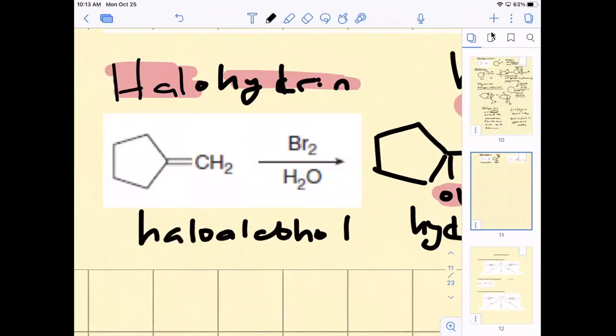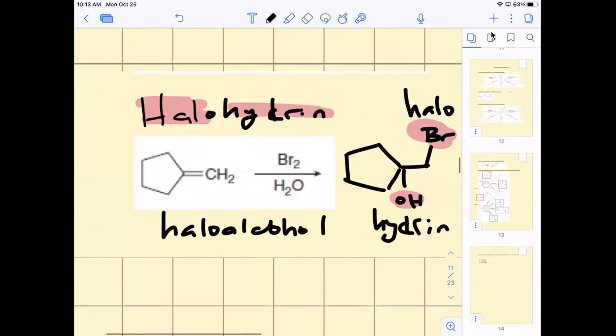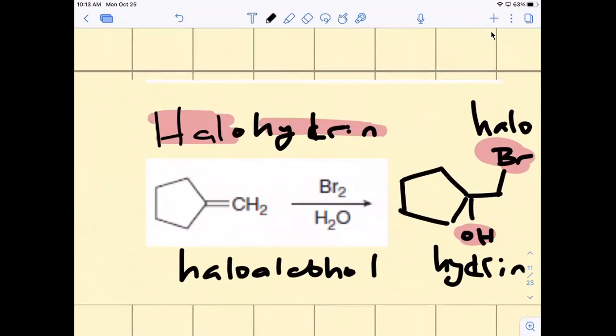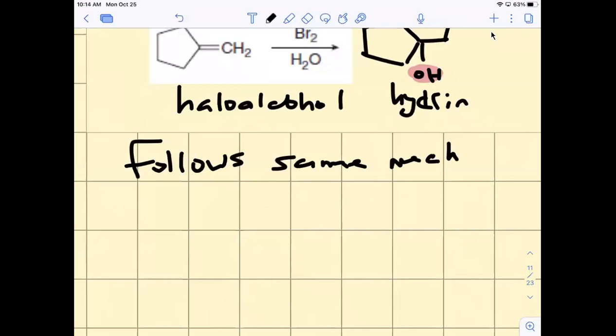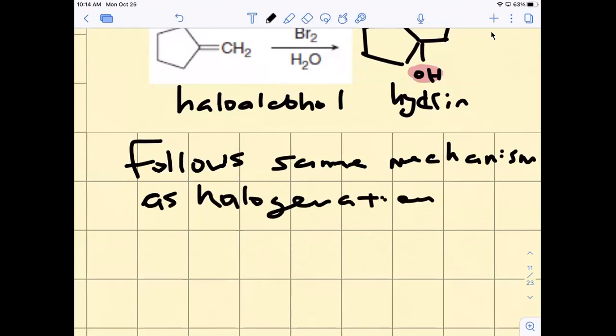All right. So with that being said, the reason why we're doing this now is because it follows the exact same mechanism as halogenation. So there's an intermediate. The same mechanism is halogenation.